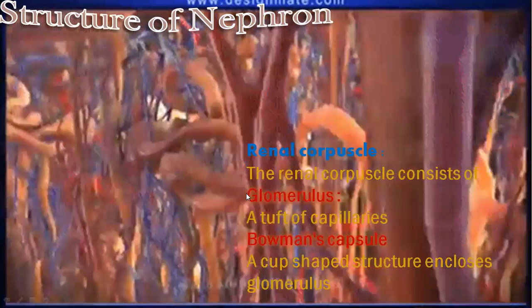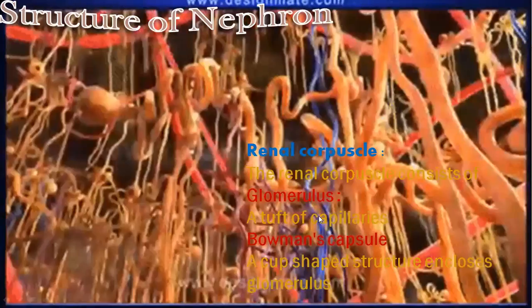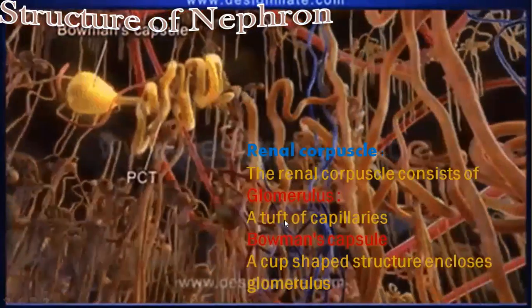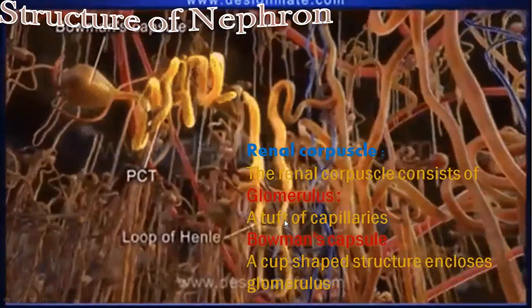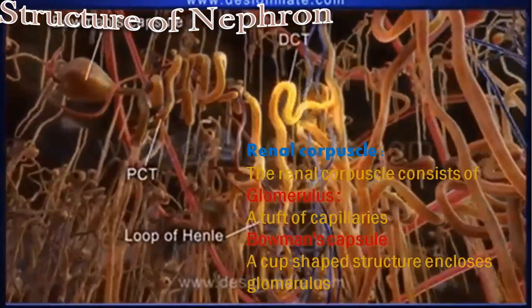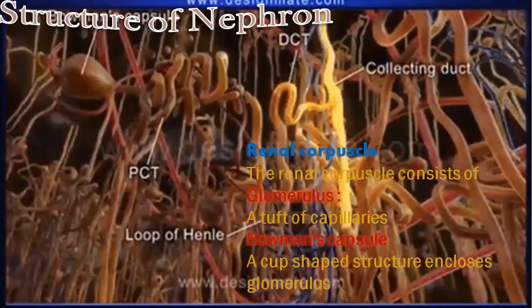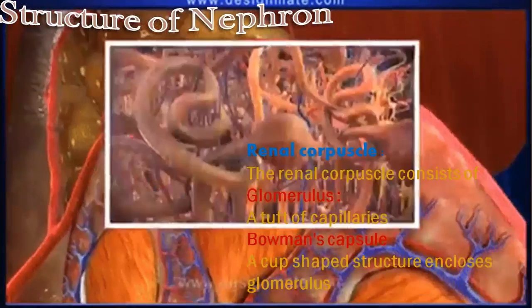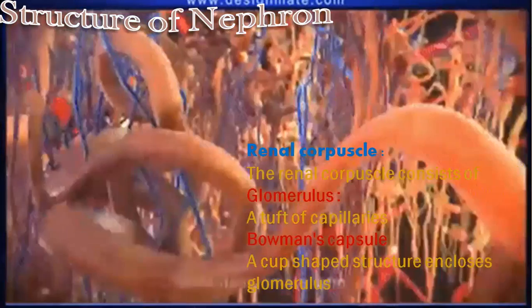Glomerulus, what is glomerulus? Glomerulus is actually a tuft of capillaries. Lots of capillaries are present in the glomerulus, and they play a great role in the urination process. What is its role?